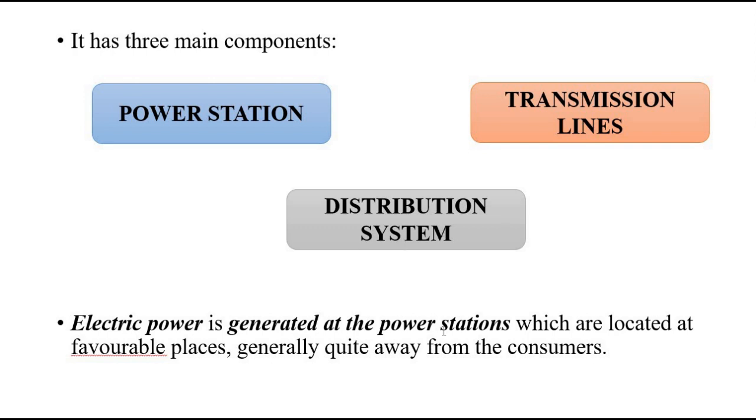So first, the electric power is generated at the power stations, which are located at favorable places, generally quite far away from the consumers. For example, if we are talking about a hydropower plant, it is located near a place where water is available in abundance. A thermal power plant is located near a place where coal is available in abundance.